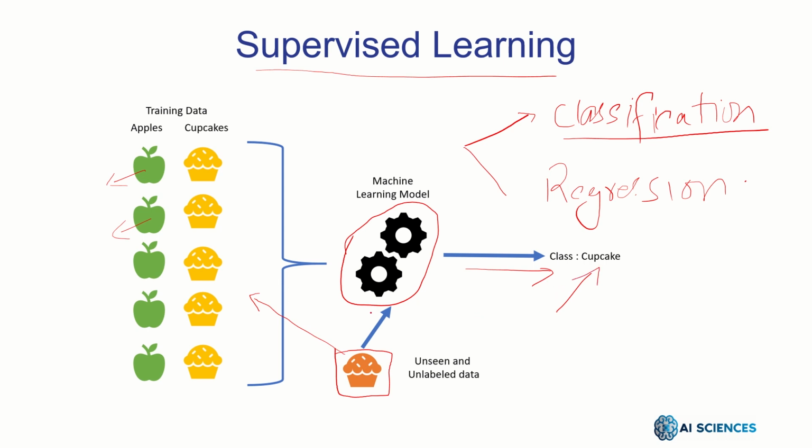For example, different fruits. Mango, that's a class category. The apple, that's a class category. Cupcake, that's a class category. And watermelon, that's a class category, and so on. So the attribute that we want to predict is categorical. It has a set of categories, and we want to predict a category.